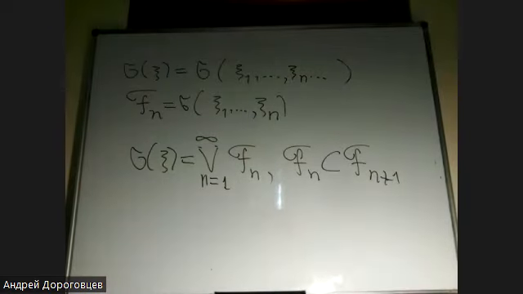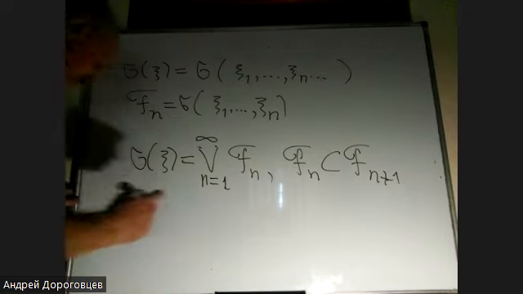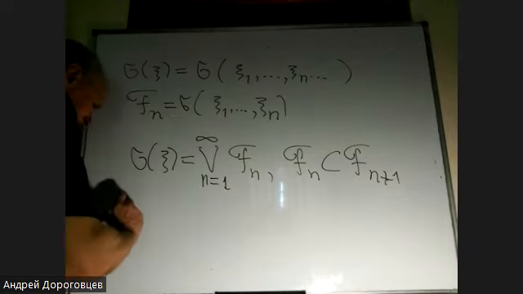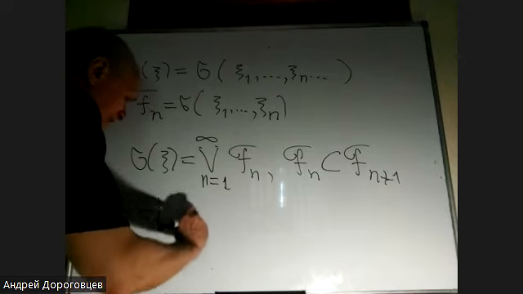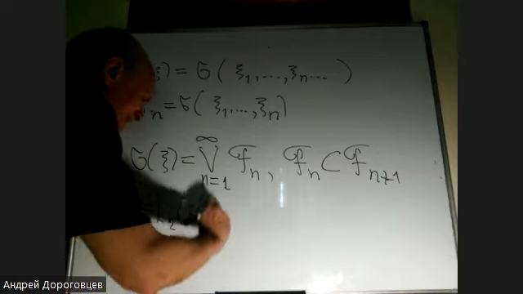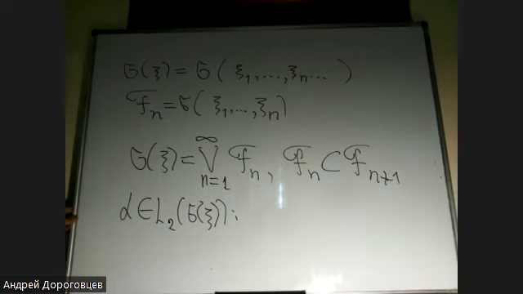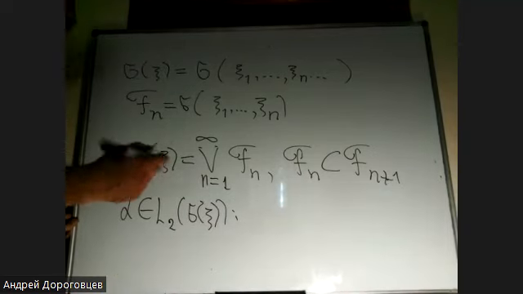And due to this, I have the following property. If I consider alpha, which belongs to L2 of sigma(psi), then I can check the following. This is the Levy theorem.